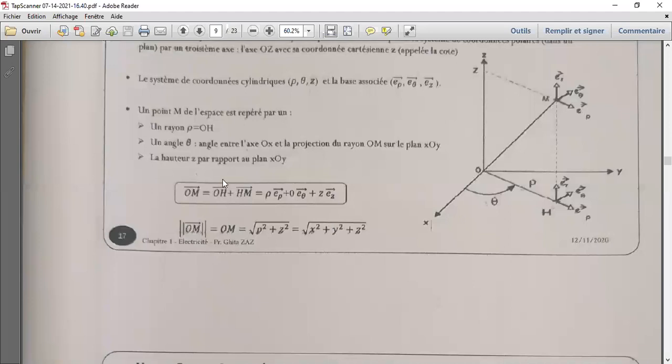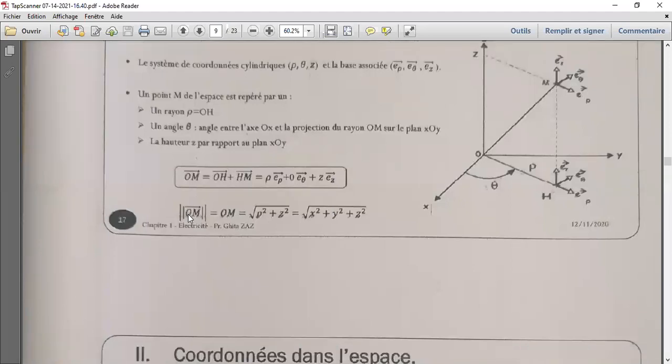Then to calculate the modulus, use the Pythagorean theorem, and the formula is the square root of rho squared plus Z squared, where rho is this distance here. You see that this distance is between x and y, and it creates a triangle.